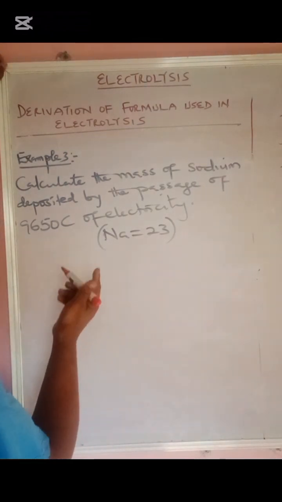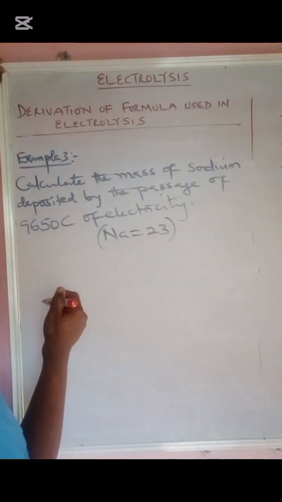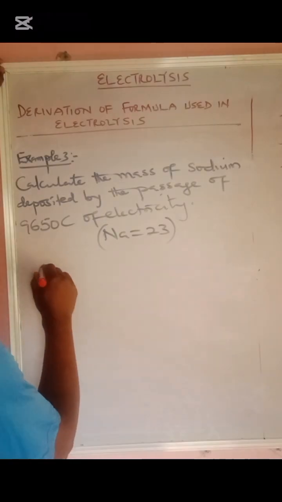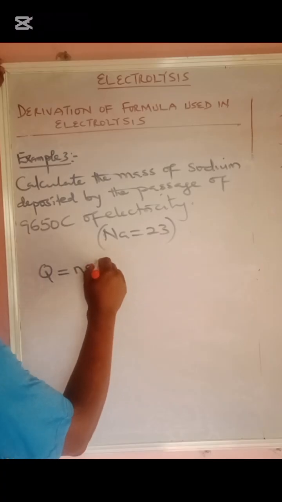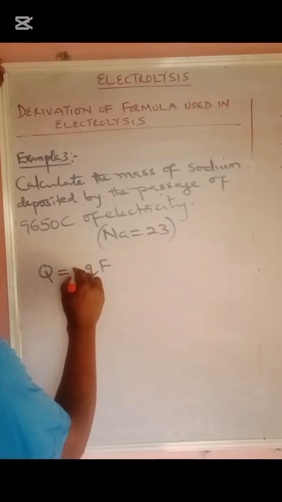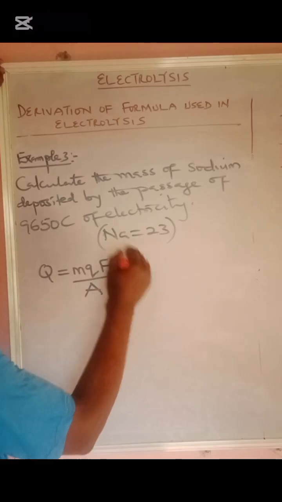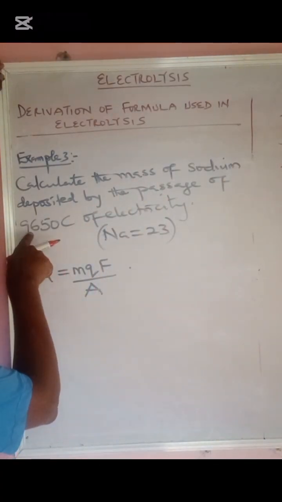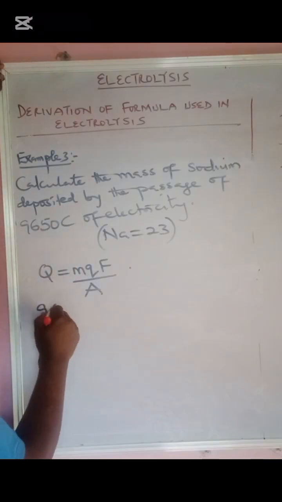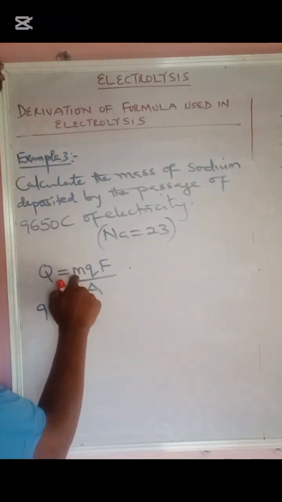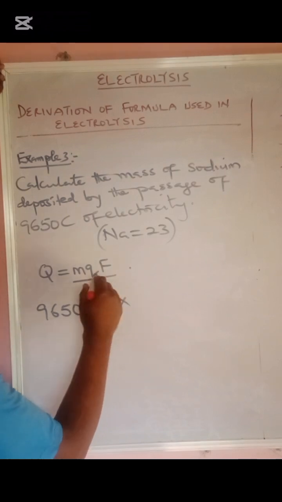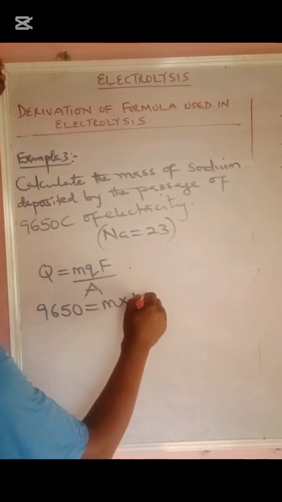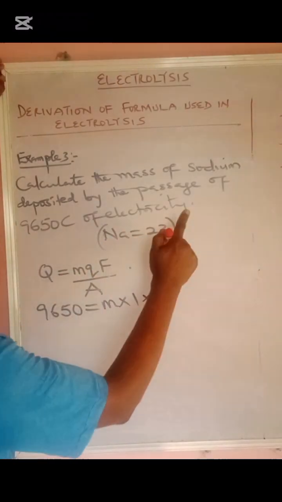So you apply the formula, the same one. In terms of mass, Q is equal to NQF, and in terms of mass, it will be MQF over A. That's the formula. So we have to find the mass. So 9650 Coulomb is equal to M, which we don't know. What is the charge? Sodium is 1. Times F, 1 Faraday.